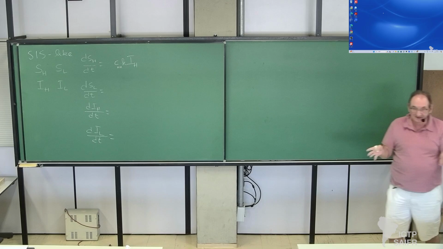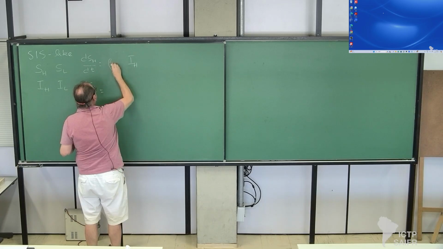Okay? So I will do a simplification for notation. I will call beta times C_HH times K as beta_HH. Good? So instead of writing this, I will write beta_HH S_H over N_H.